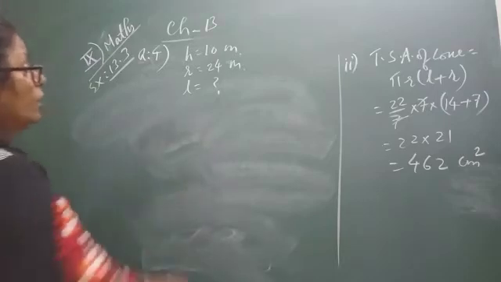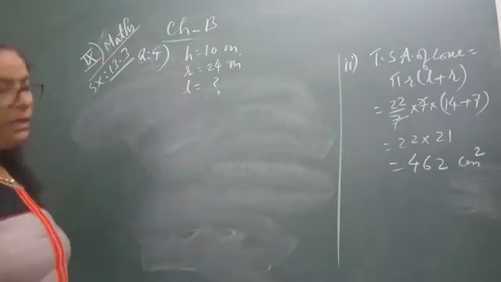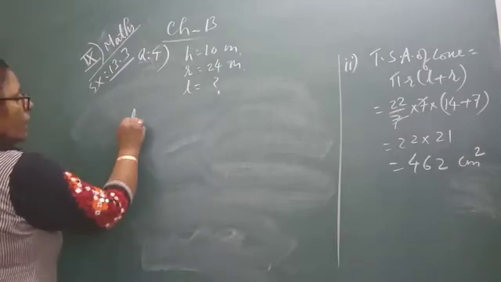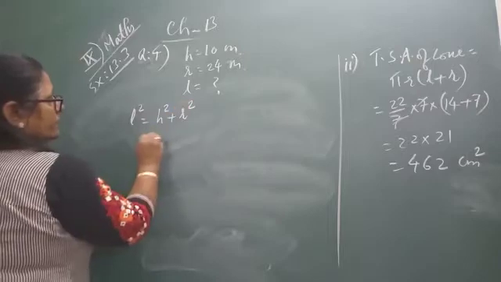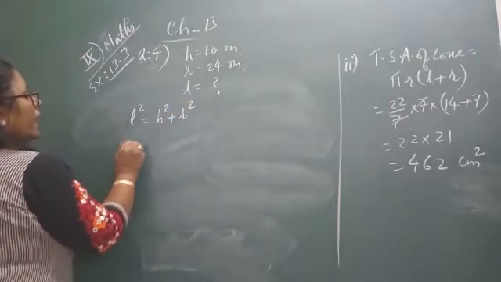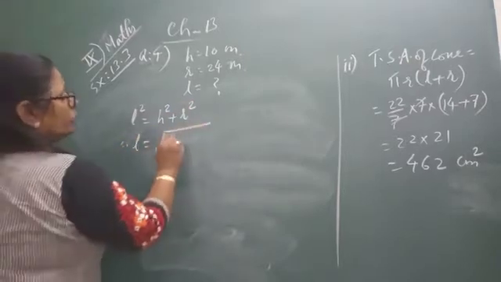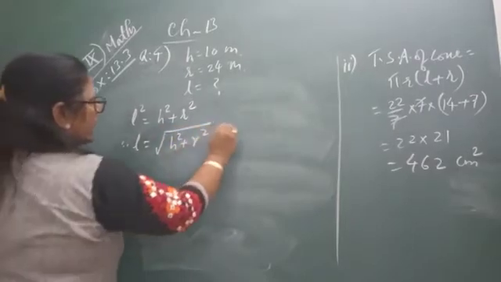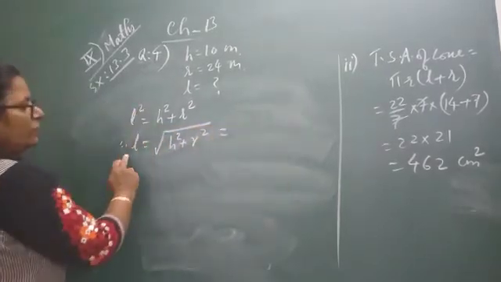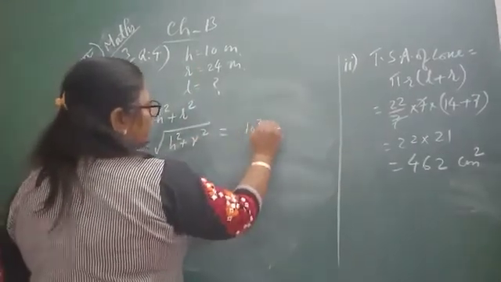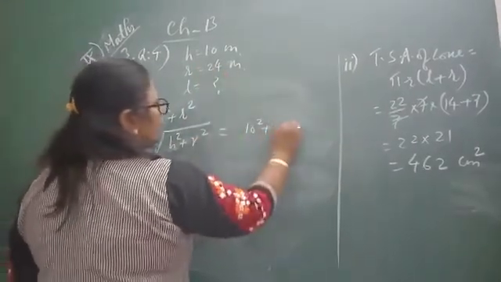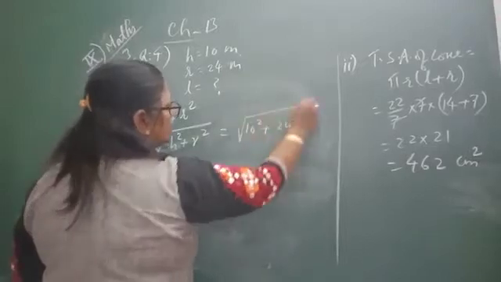Now first of all we find L. We know the formula: L square is equal to h square plus r square. Therefore L is equal to under root h square plus r square. To remove the square we take the square root on the other side. Now what is h? 10 square. What is r? 24 square, and square root.